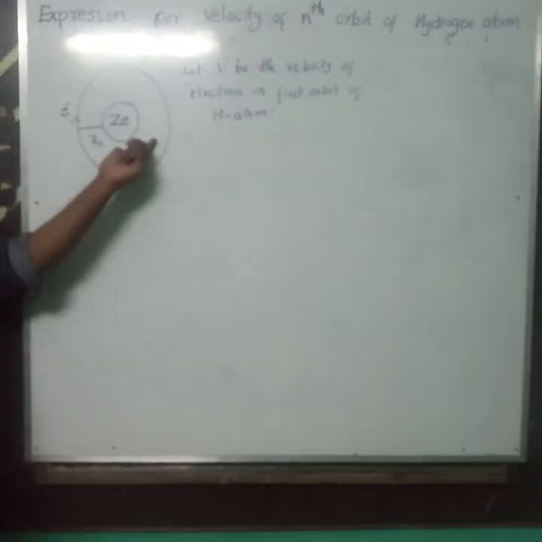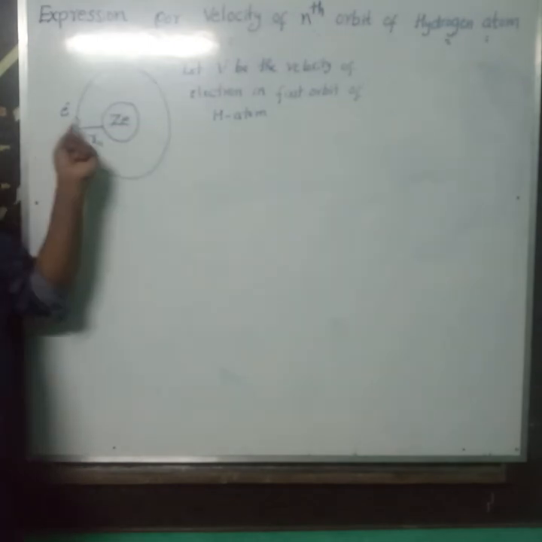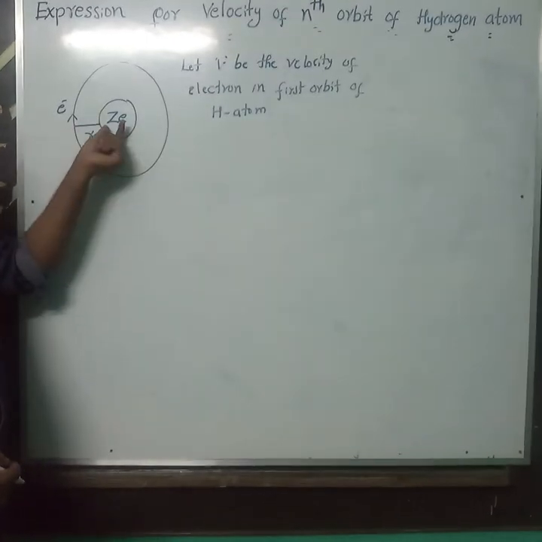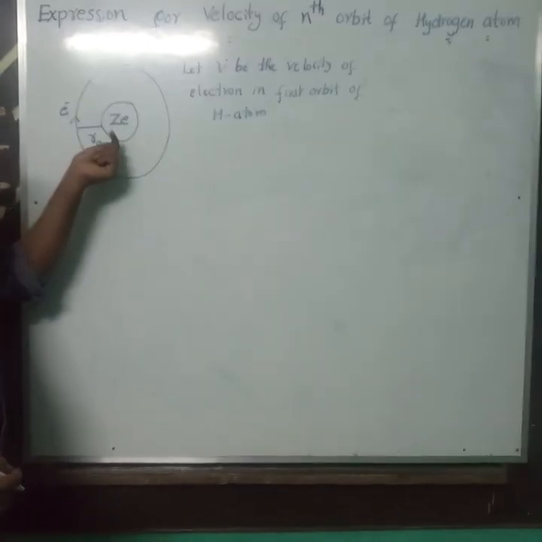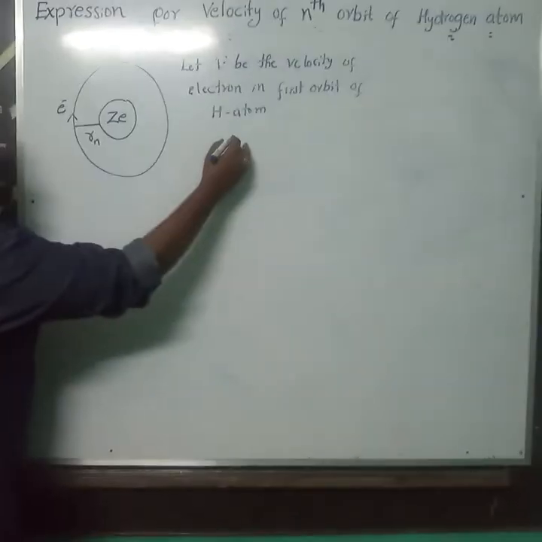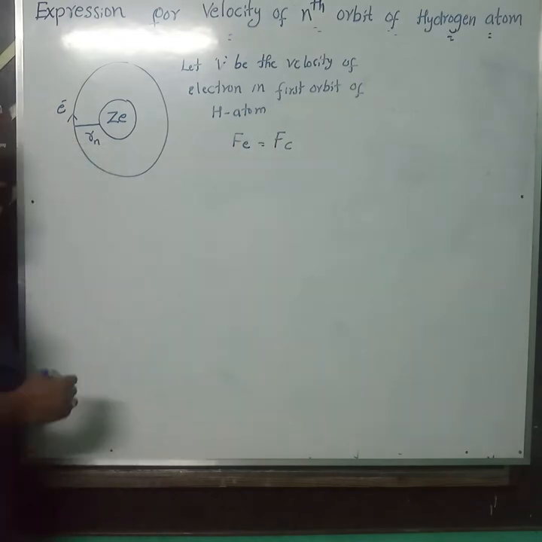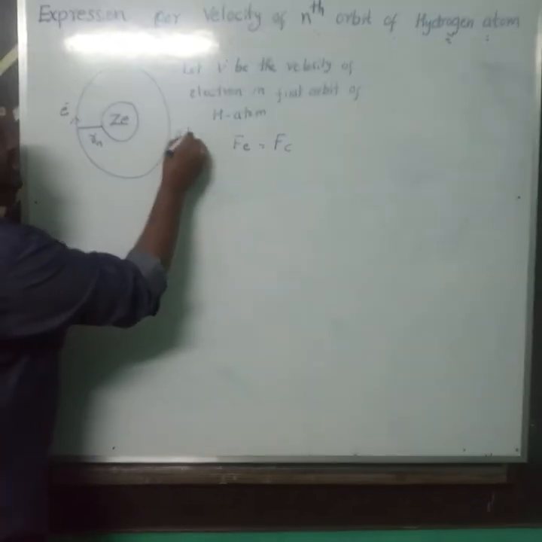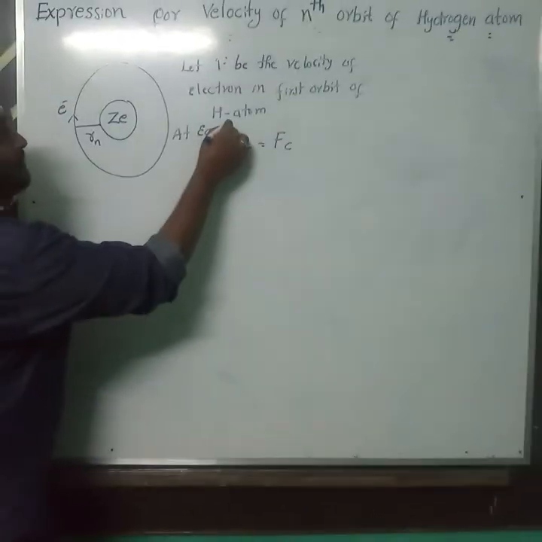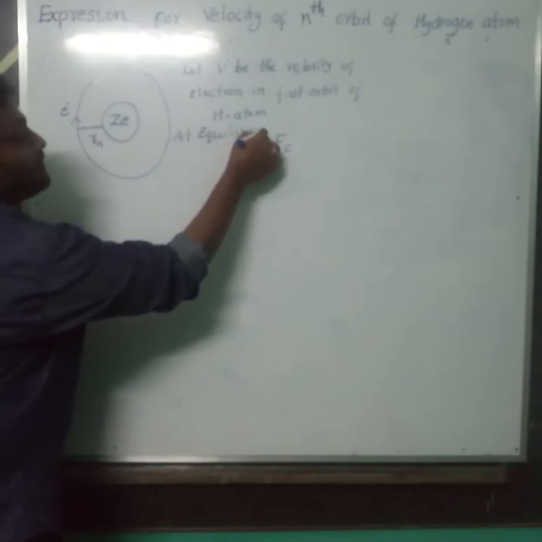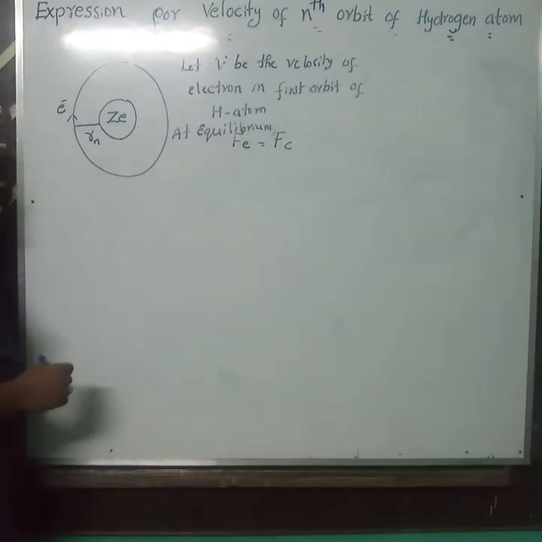To explain this, as usual, these two are opposite charges separated by some distance. So what force will be there? Electrostatic force should be balanced by centripetal force, means at equilibrium. Electrostatic force is balanced by centripetal force.